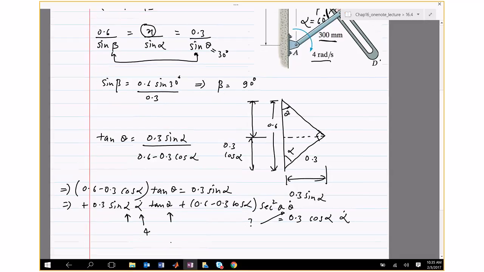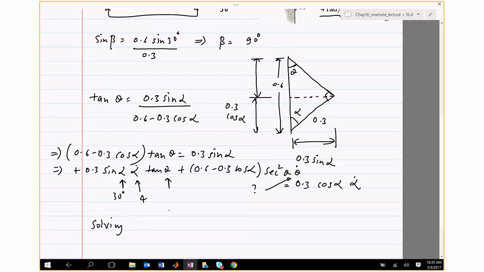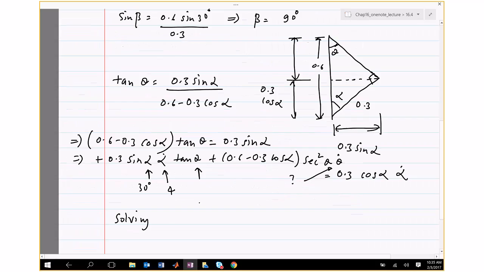Okay, so solving for alpha is 60 degrees, and theta is 30 degrees.